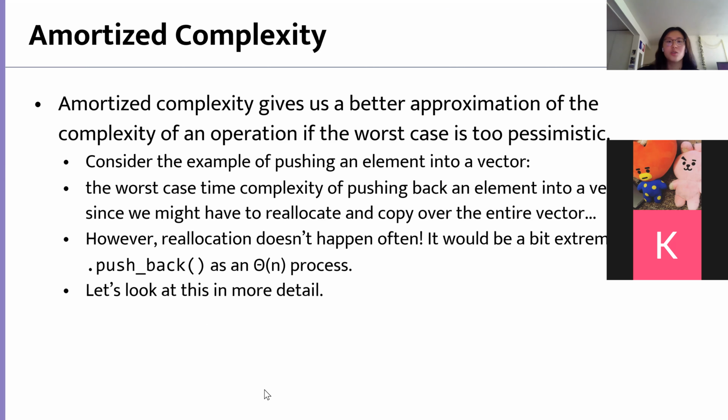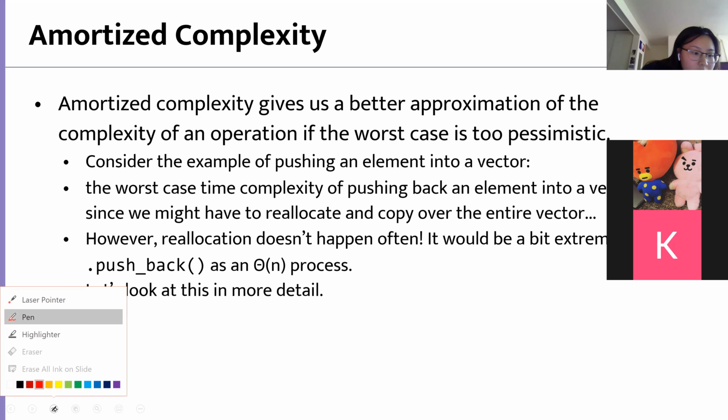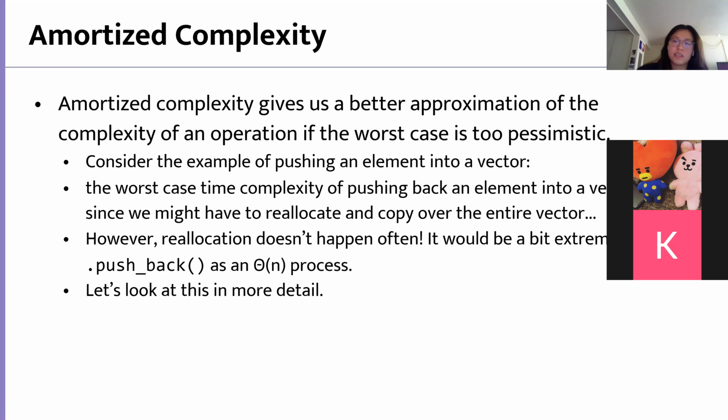And so back to amortized complexity. Amortized complexity does give you a better approximation of the complexity when the worst case is too pessimistic. Let's think back about vectors. The worst case time complexity of pushing an element into a vector is O of n, since if the capacity of the vector is all filled up, you will have to reallocate a new vector, copy over all those elements, and then push back the new element.